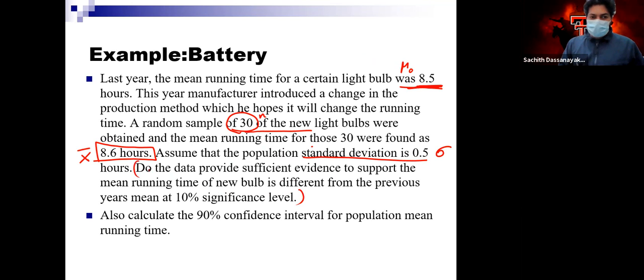Here they haven't mentioned anything about the population, but this example I took from Math 2300. In Math 2300, we consider a sample large enough when the sample size is greater than or equal to 30.